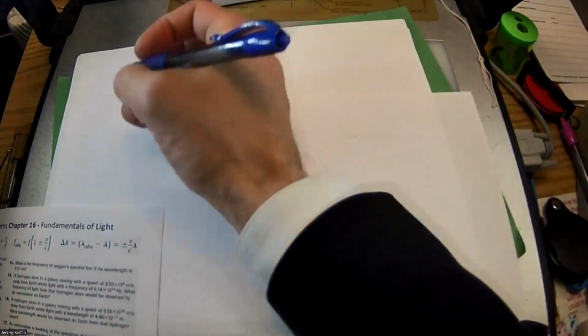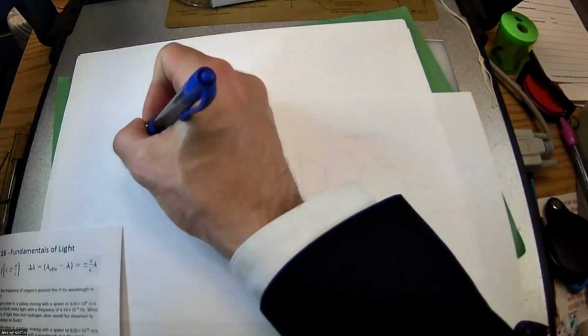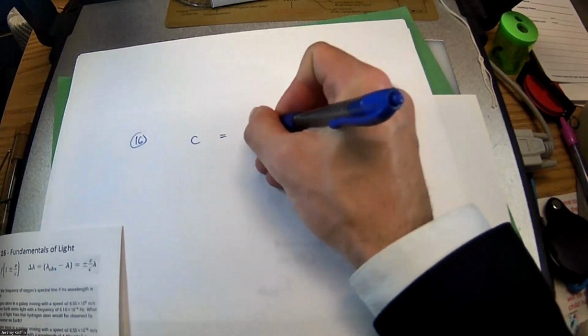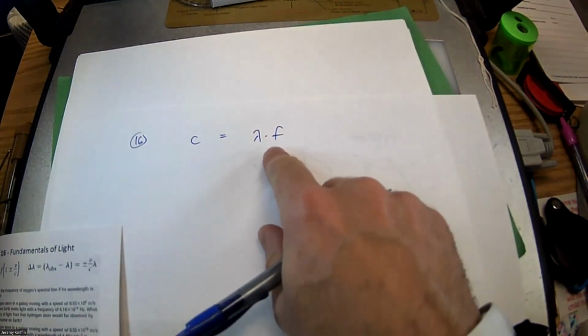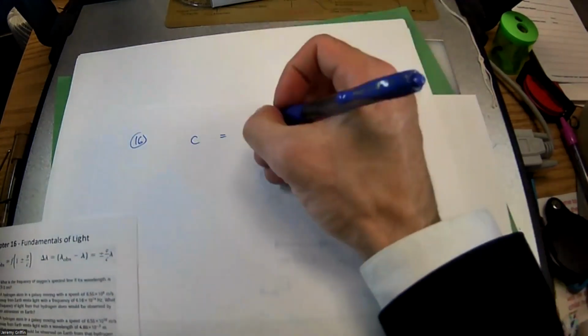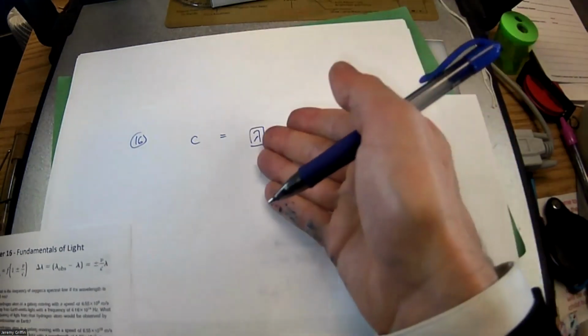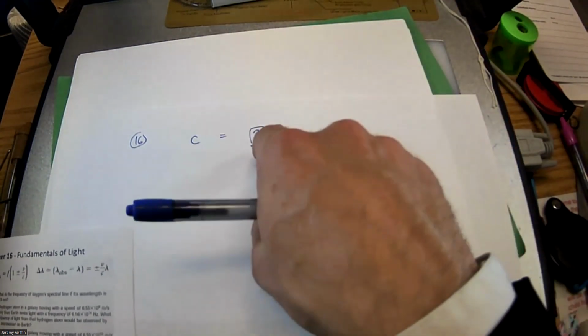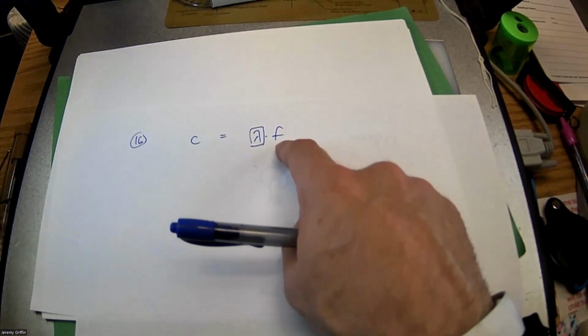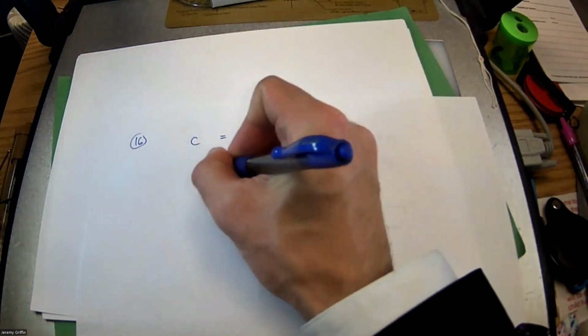One point of view is we can take our answer from the last question and say speed is equal to wavelength times frequency. Last question was frequency; now the new question is wavelength. Since I have the frequency from the previous question, I can just plug that in.